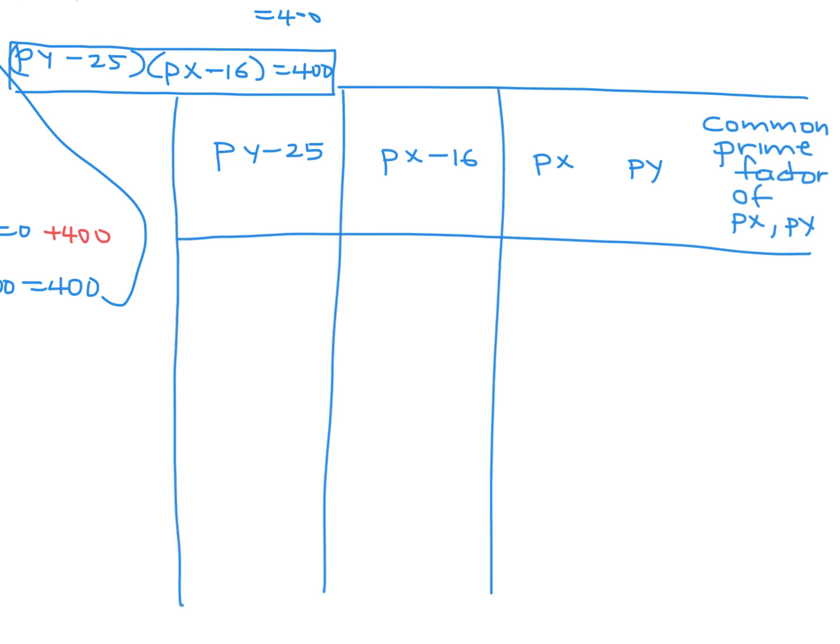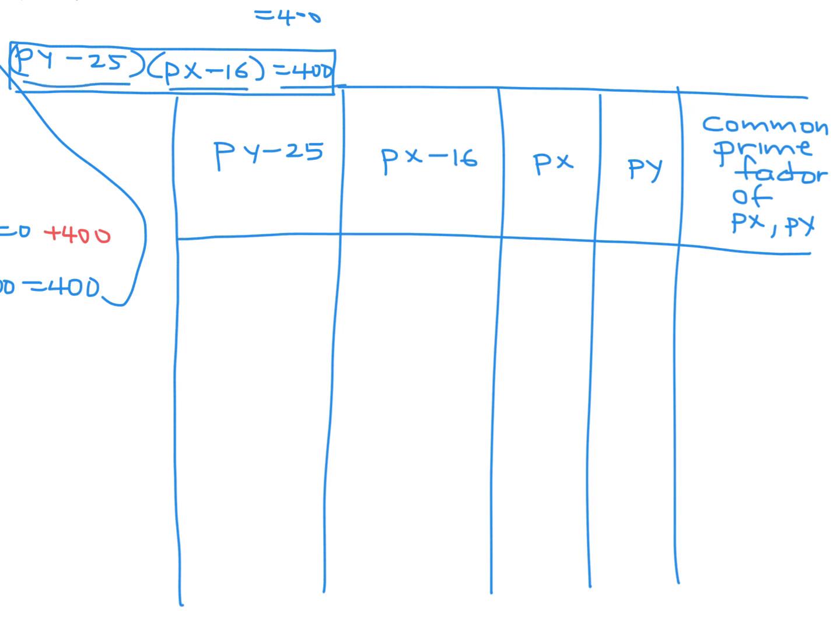Okay, so here we go. So remember, this guy times that guy's got to equal 400. So let's do the first one. The most obvious one is 1 and 400, let's say. So py minus 25 is 1, so py is equal to 26, right?